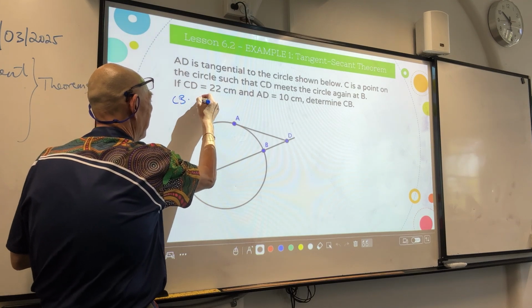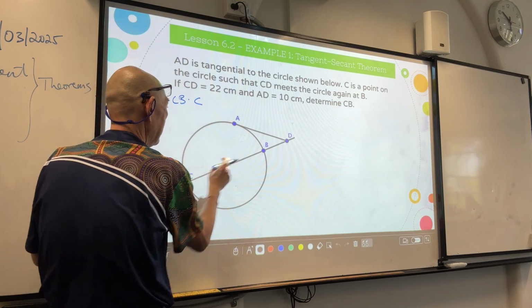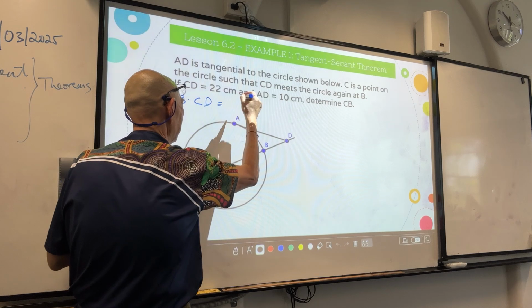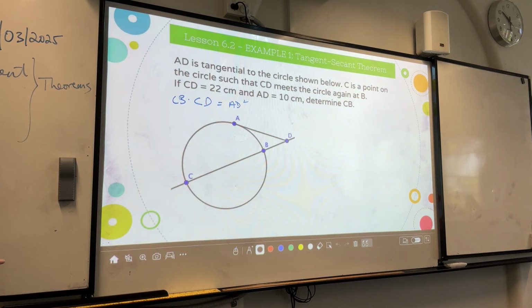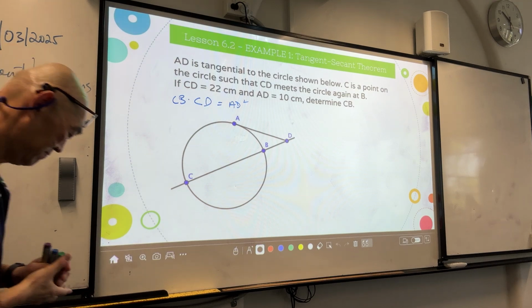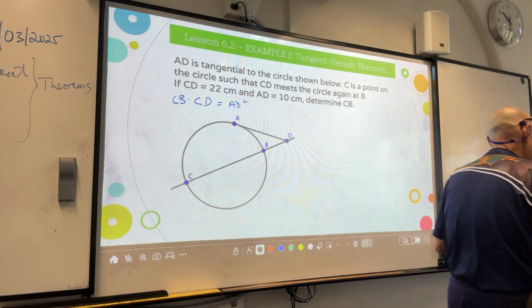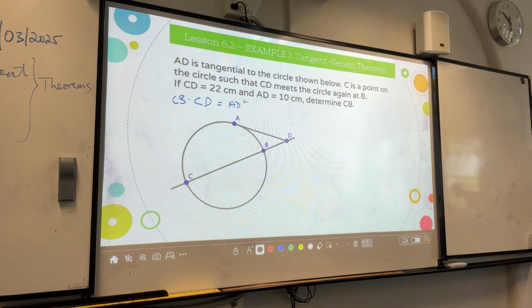CB times BD, CB times CD, sorry, equals AD squared, using your tangent secant theorem. Let's try that and see how you can determine the length of CB.